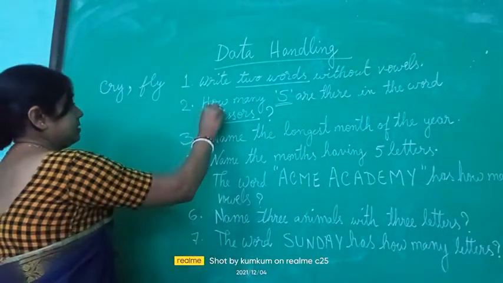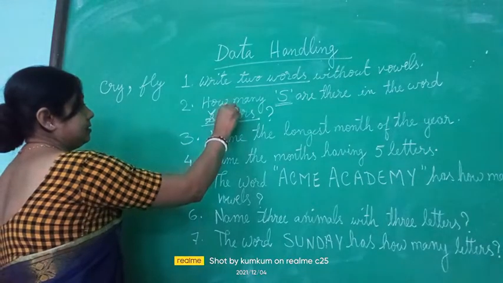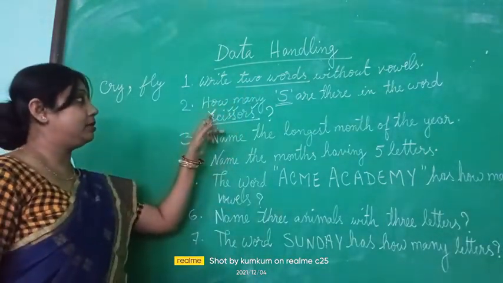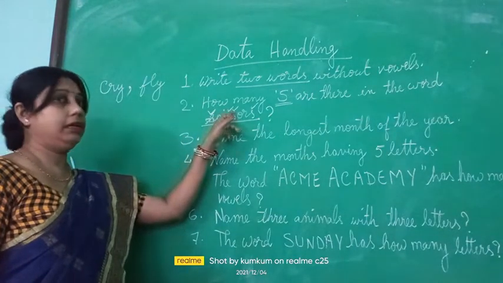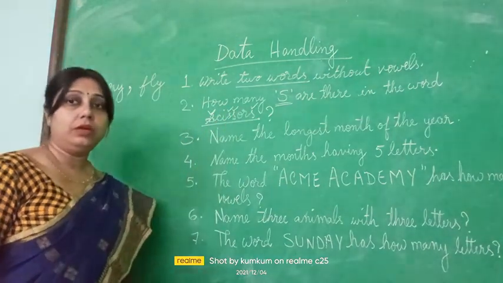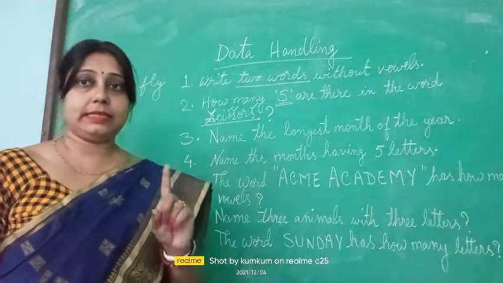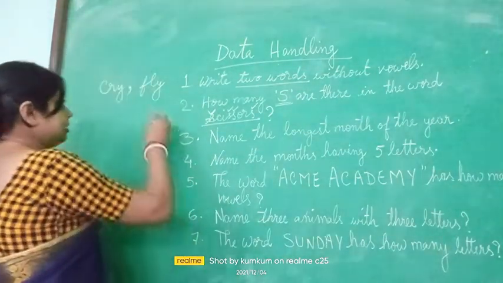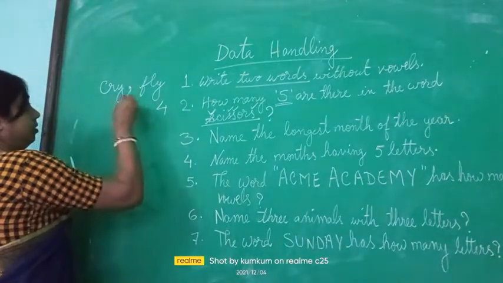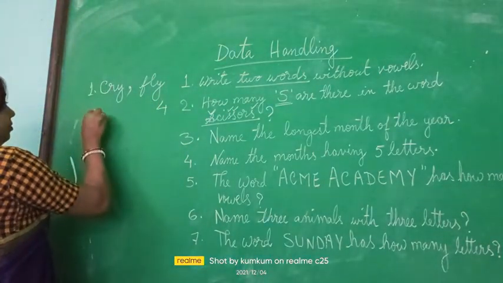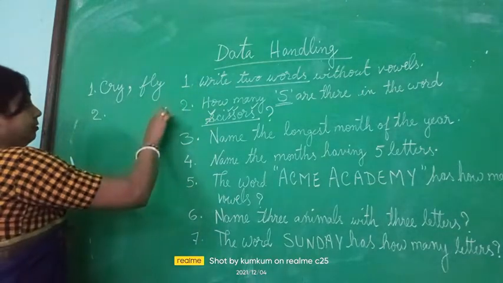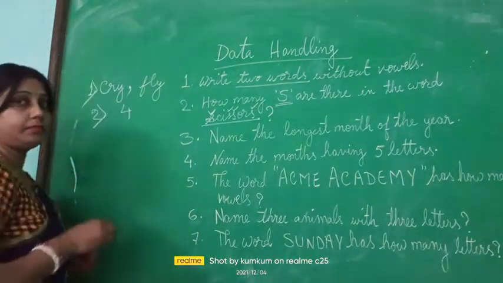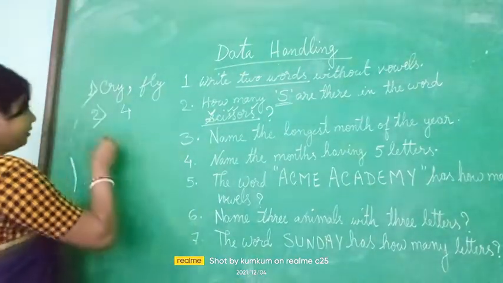See, S, S, S, S. So here we can see 1, 2, 3, 4. So 4 times S is used in the word scissors. So the answer will be only 4. We will write the answer here. Next one, answer 3.